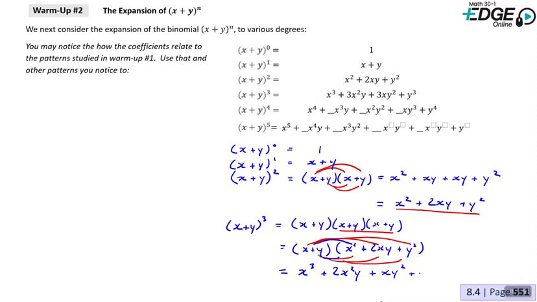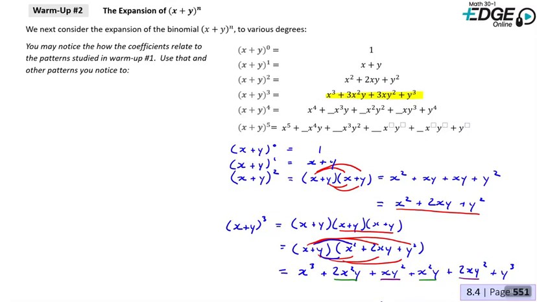Then we'd have y times x squared, so that's another x squared y term, and then the y times the 2xy, oh my goodness. And then we get this, okay? We group our like terms, specifically that these two do go together, and that these two go together, and finally we end up with this.